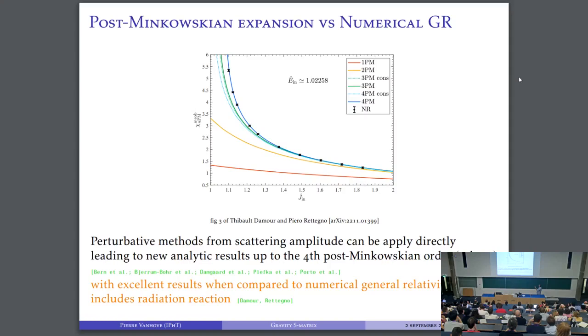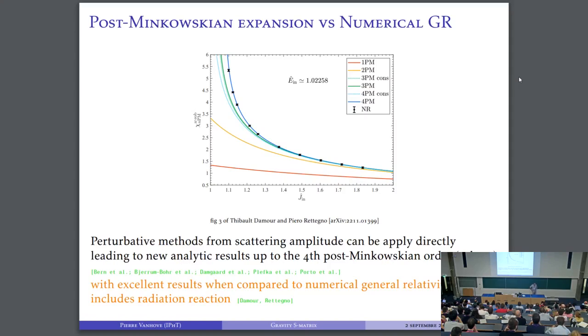They compare it to numerical GR, and you see that when you include what they call radiation, which I will explain, you have a very nice match between the analytic result and what you get from numerical GR.